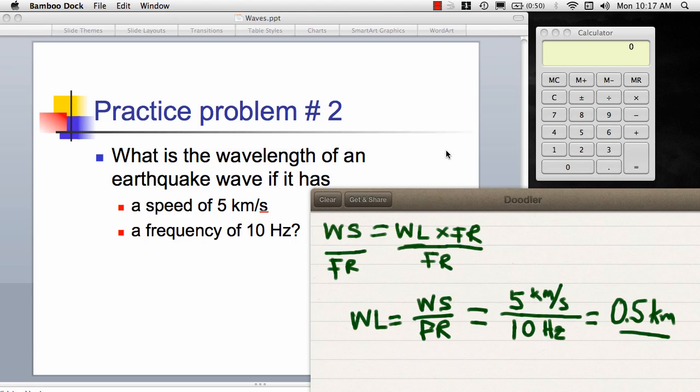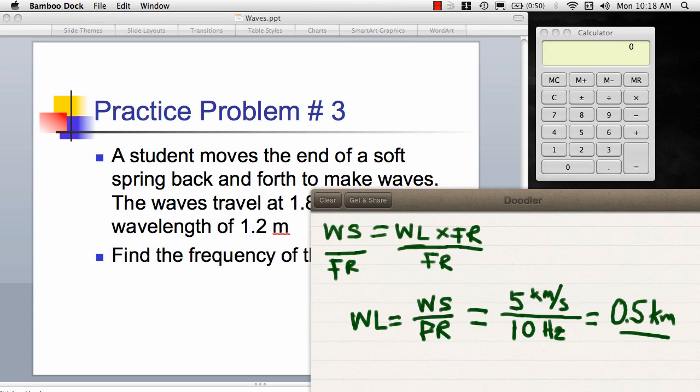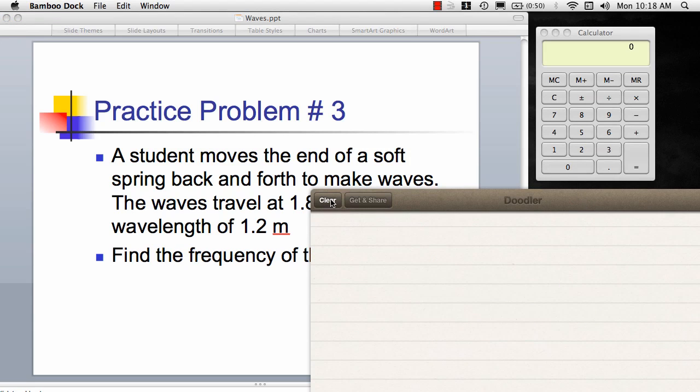The next problem, practice problem number 3. A student moves the end of a soft spring back and forth to make waves. The waves travel at 1.8 meters per second and have a wavelength of 1.2 meters. Find the frequency of these waves. We'll clear here again. So once again, we're starting off with the wave speed equation.